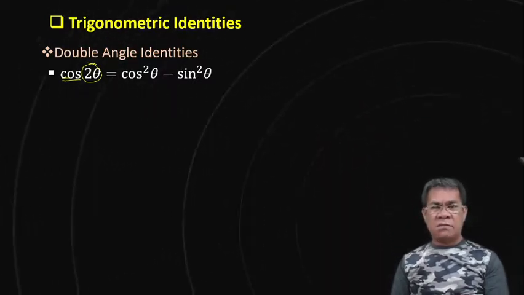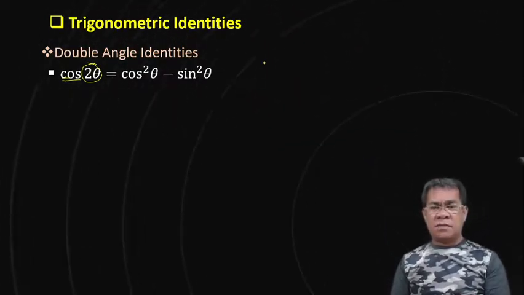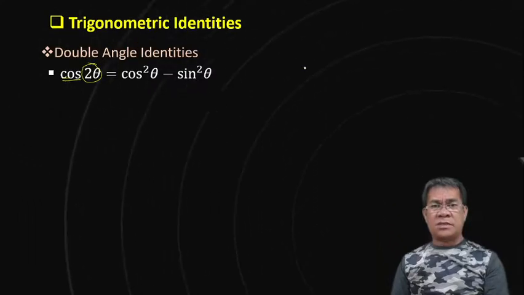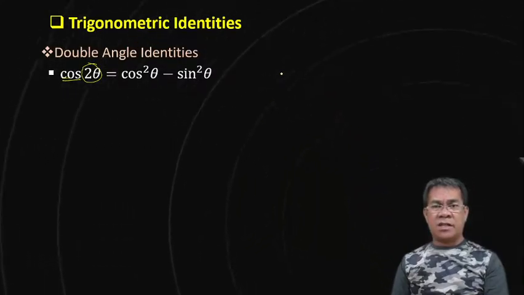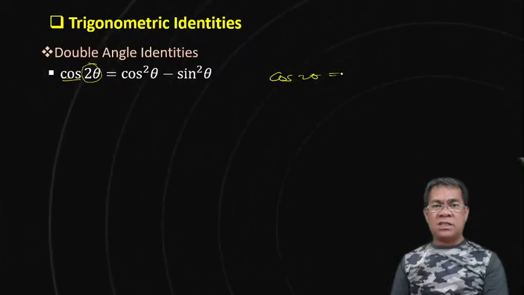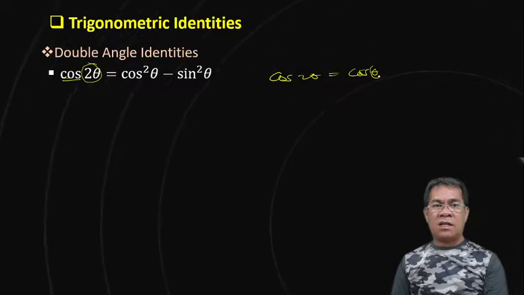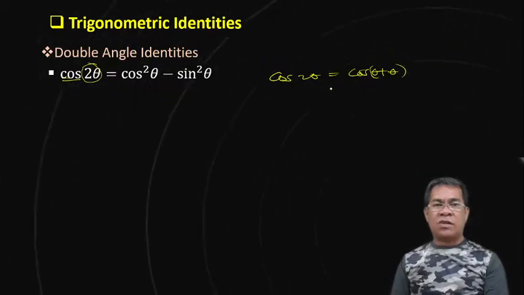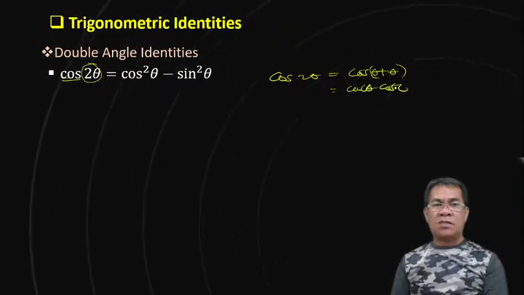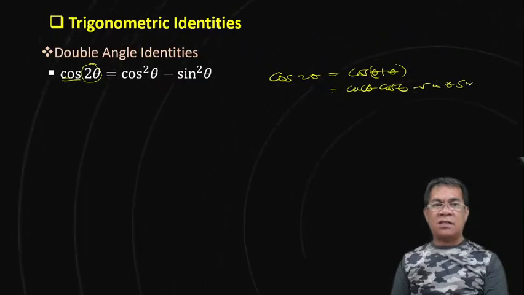So as I've said, you can use the previous sum and difference identities. For example, the cosine of 2 theta, remember, is just equal to the cosine of theta plus theta. So you can now use the cosine sum: cosine of theta cosine of theta minus sine of theta sine of theta.